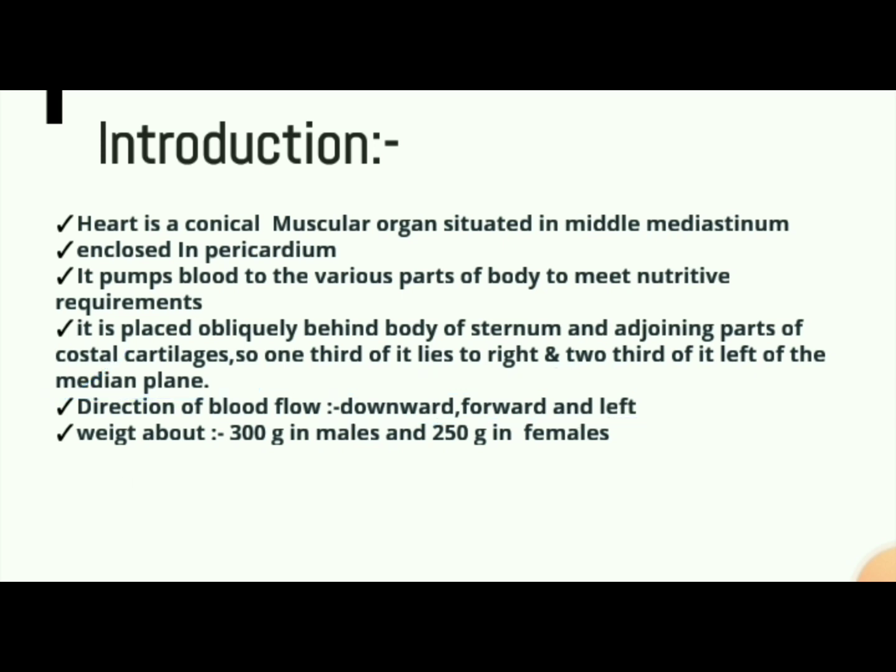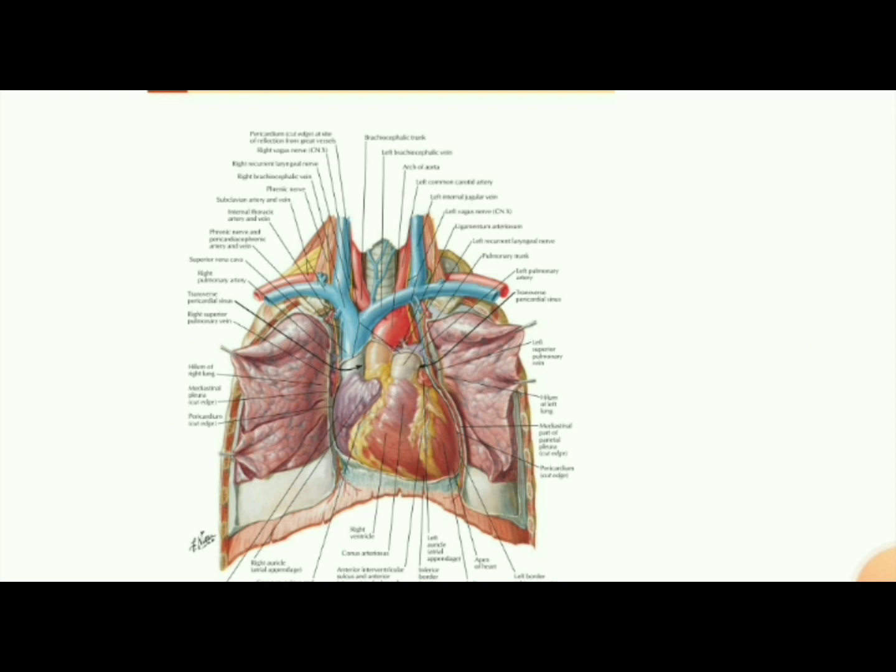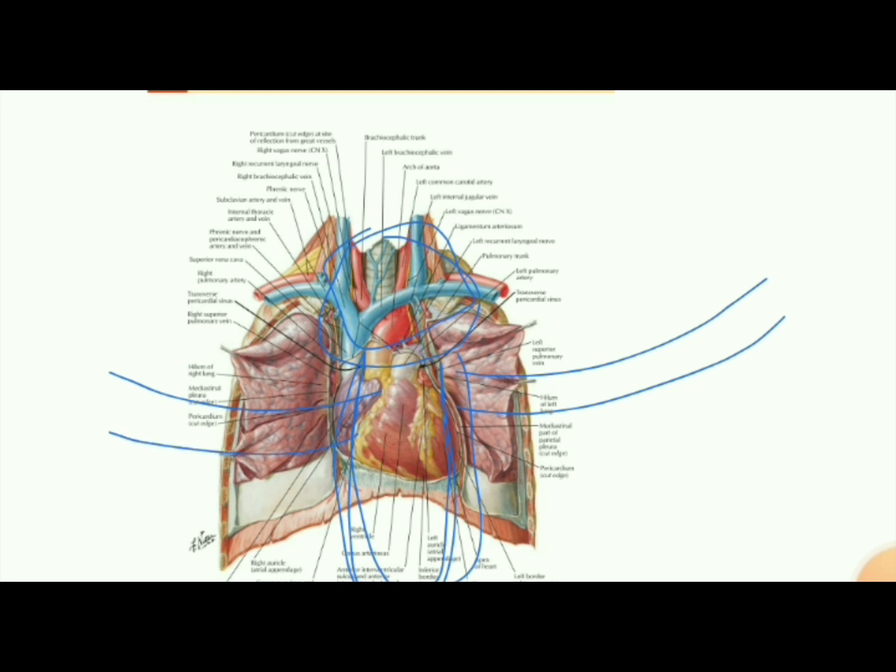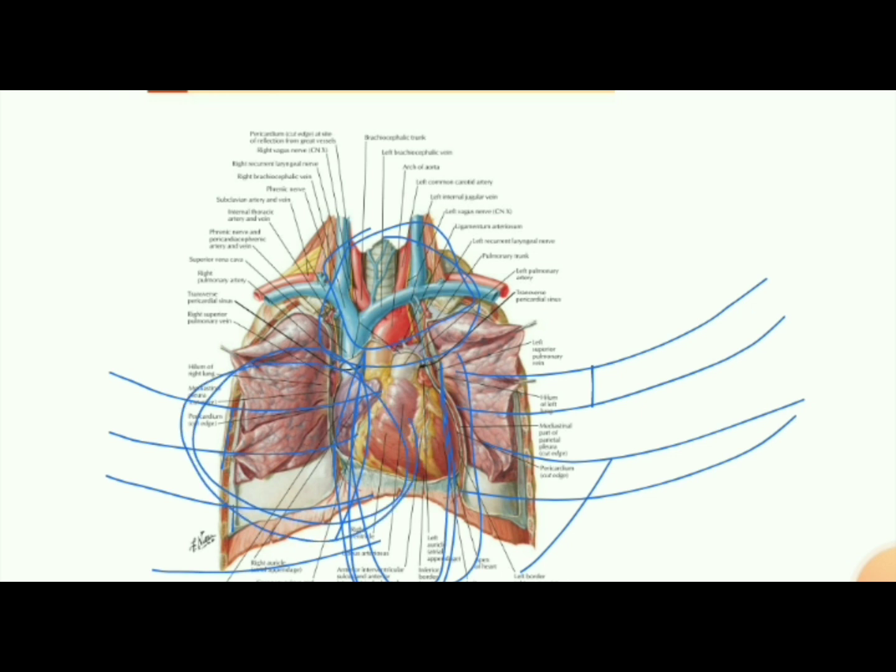Let's understand the anatomical position through this diagram. As we have discussed, it lies behind the body of the sternum. I am going to draw the manubrium, and this is the body of the sternum. It lies behind the body of the sternum and the adjoining costal cartilages. One third of it lies on the right side and two thirds of it lies on the left side.